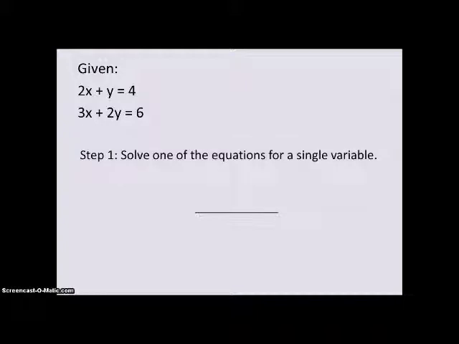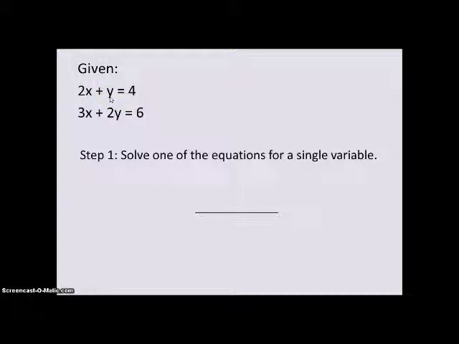So our first step is to solve one of the equations for a single variable. I chose to solve for the y in the first equation because it didn't have any coefficients in front of it. It was positive, so we didn't have to worry about dividing by -1 at the very end and having to change a bunch of signs.